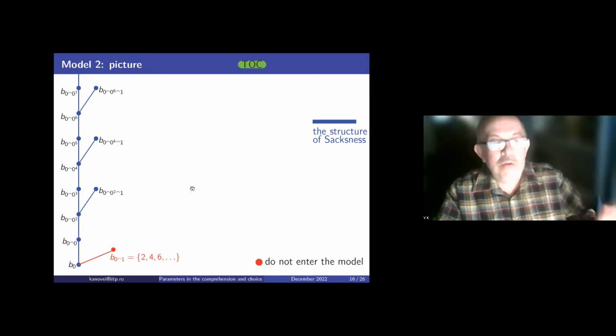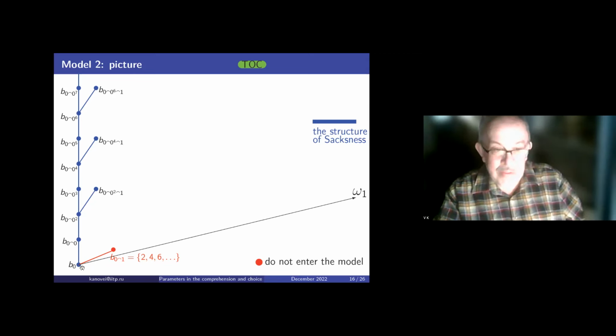So how to do this? We just multiply this construction, just make it omega 1 wide, so to speak.